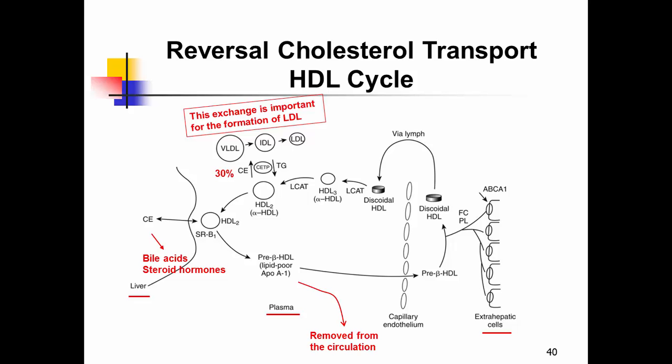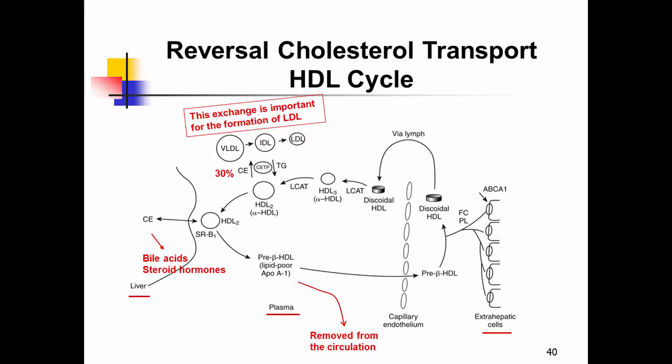It's the key transporter that controls the uptake of free cholesterol by pre-beta HDL. If ABCA1 is not functioning well, or is deficient or mutated, this pickup will not happen, and lots of free cholesterol will accumulate in the peripheral cells. So ABCA1 is an important transporter protein.